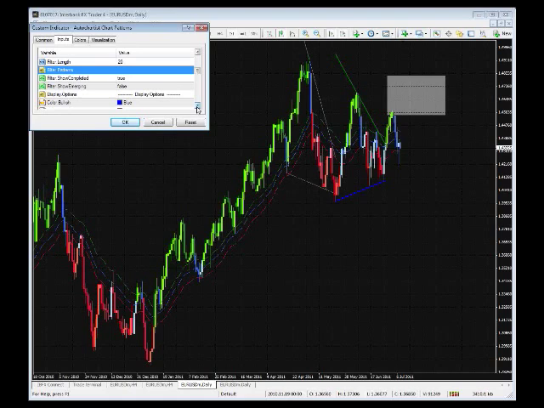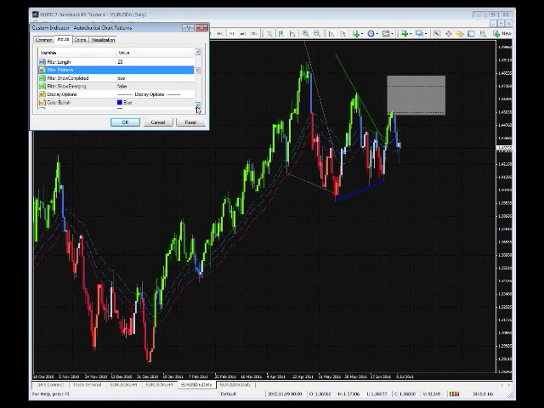So again, let me go back into the indicator list, go to the chart patterns. And again, you can see here, I put the uniformity up a notch. I put the clarity up a notch, just one.